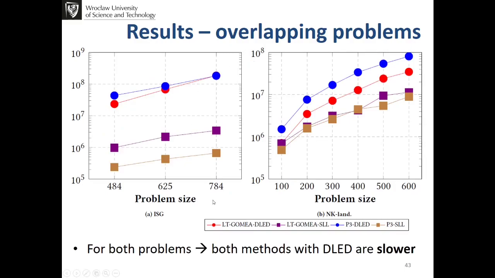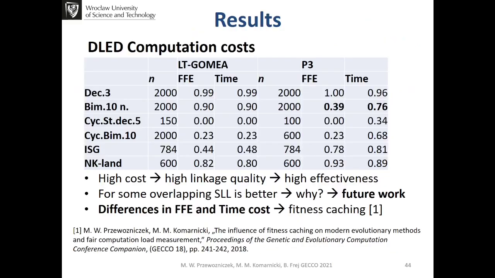However, what is interesting is that for some overlapping problems like Ising spin glass or NK landscapes, of course, you may use P3 and Eltigomia with DLED, but they work slower, sometimes more significantly, sometimes less significantly. We don't know why yet, but we are investigating this issue.